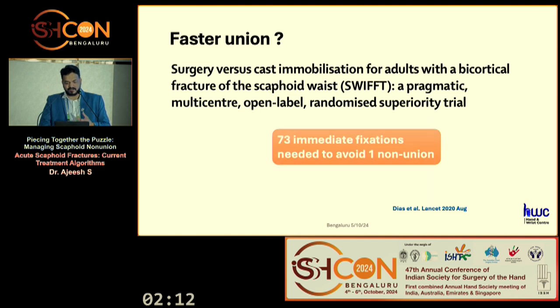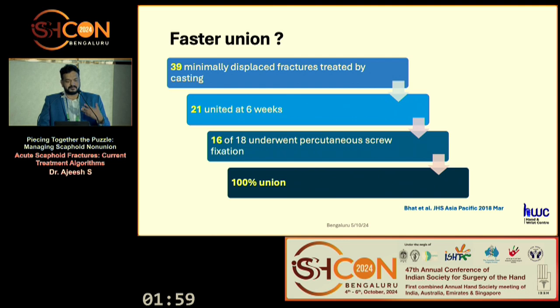But I think one important aspect of the result was that we would need 73 acute fracture fixations to avoid one scaphoid non-union, from the data from their study. So anyway, we have a study from Manipal as well, where the same sort of protocol was followed, what's called an aggressive conservative approach, from our secretary, Dr. Bhatt's unit.